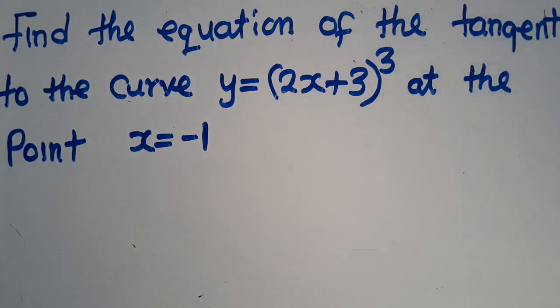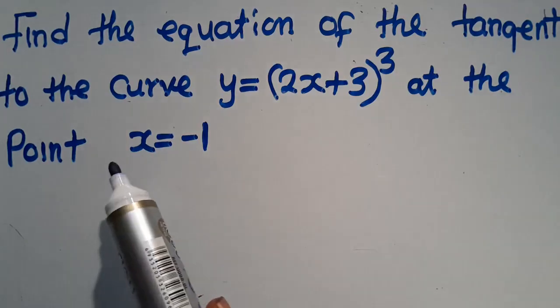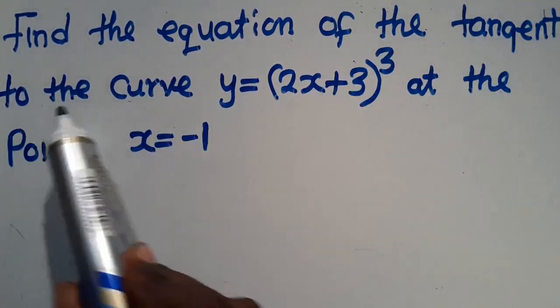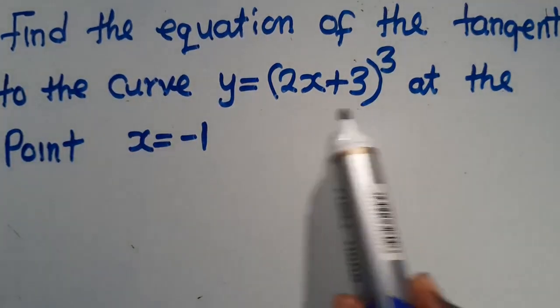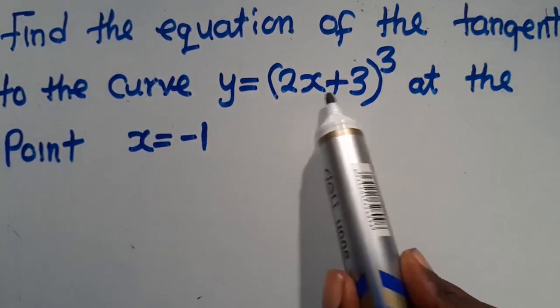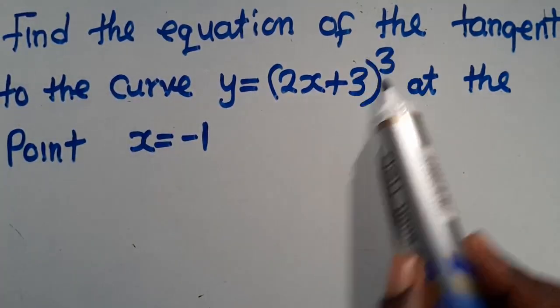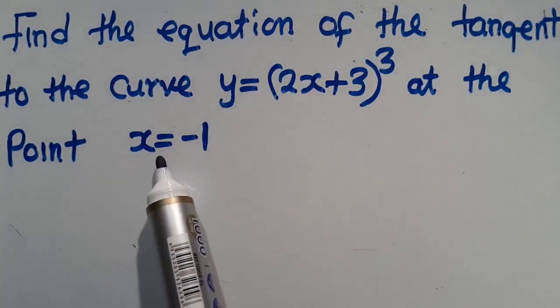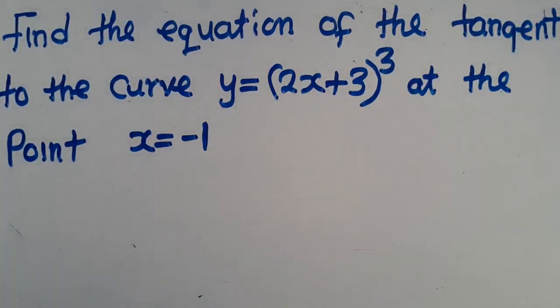So now we have this question that is saying, find the equation of the tangent to the curve y is equal to (2x + 3) in brackets to the power 3 at the point x is equal to -1.